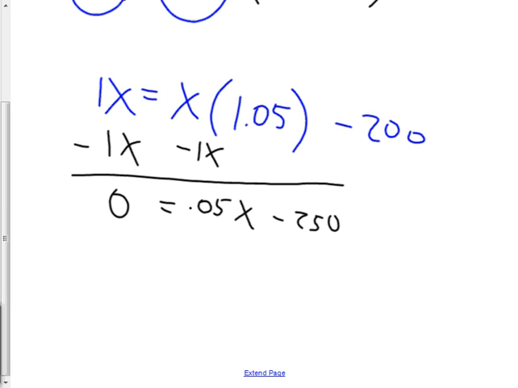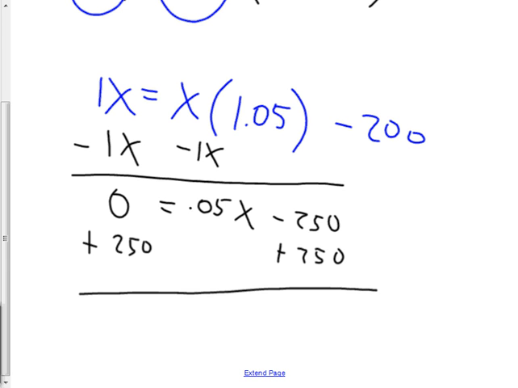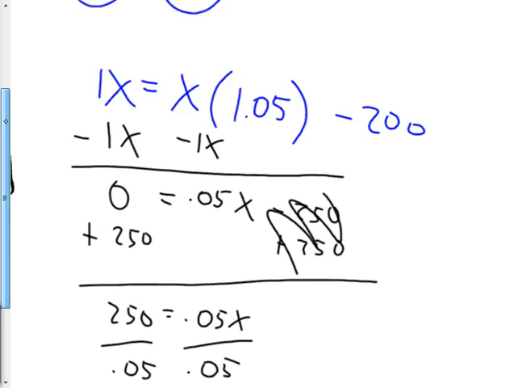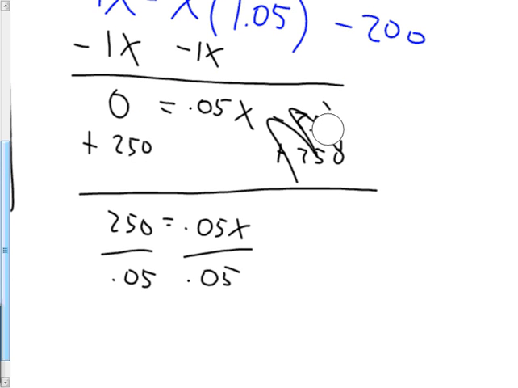And how do I solve it from there, Miss V? Yep. And these cancel. And 250 equals 0.05x. Oh, 200, not 250. My bad. This is supposed to be 200s. Sorry.